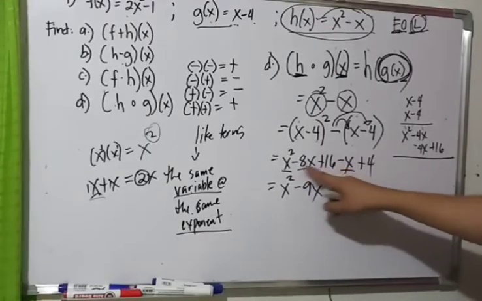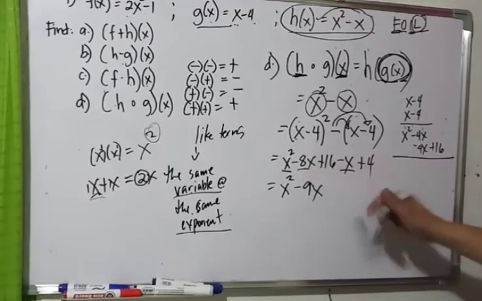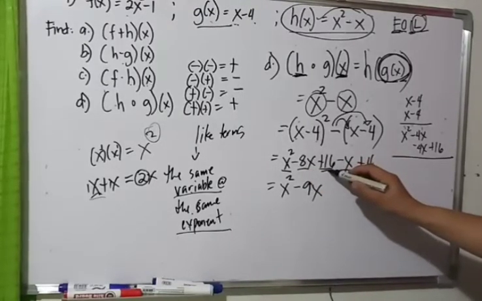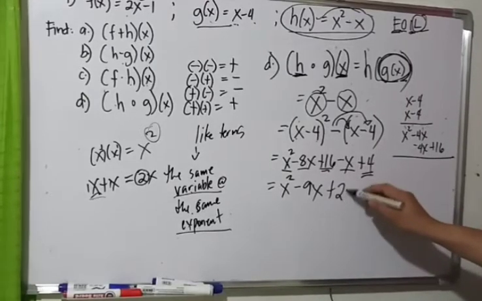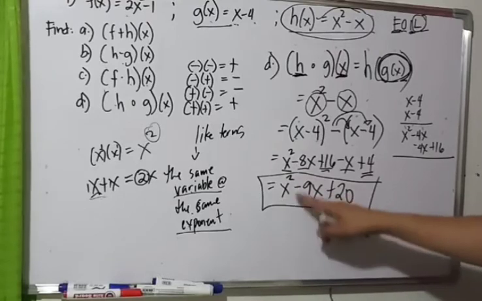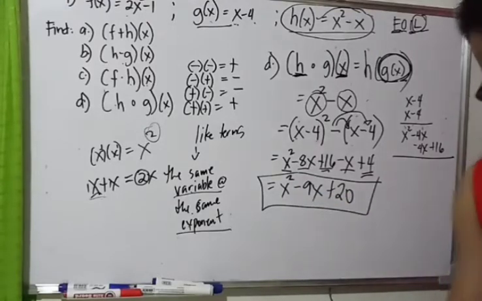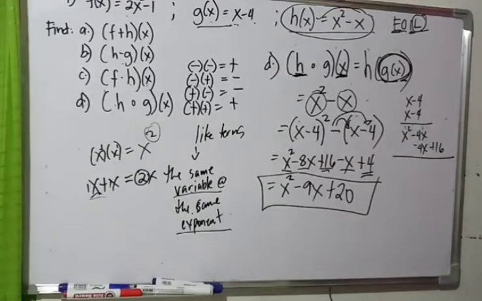Negative 8 minus 1, that is negative 9. Then copy the variable. Then ito, positive 16 plus 4, so that is 20. So ito na yung final answer natin: X squared minus 9X plus 20 for composition of functions.